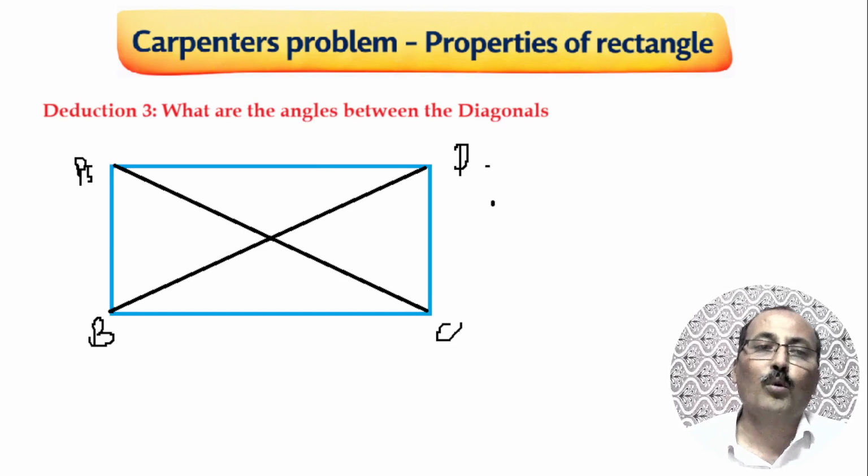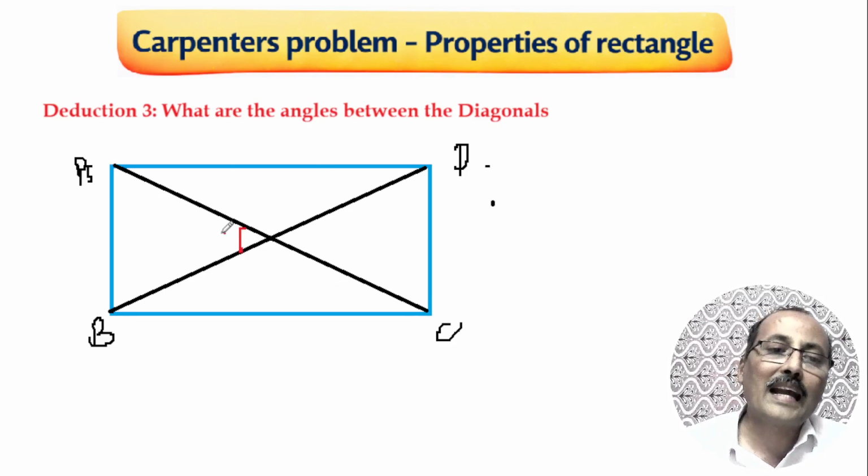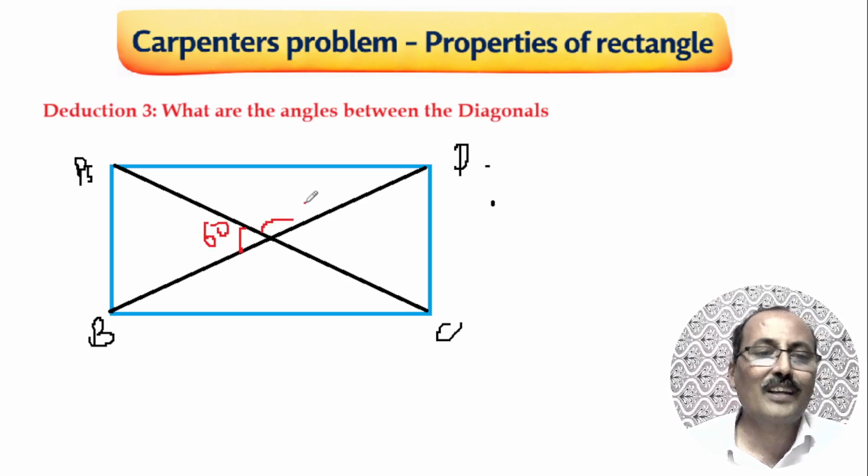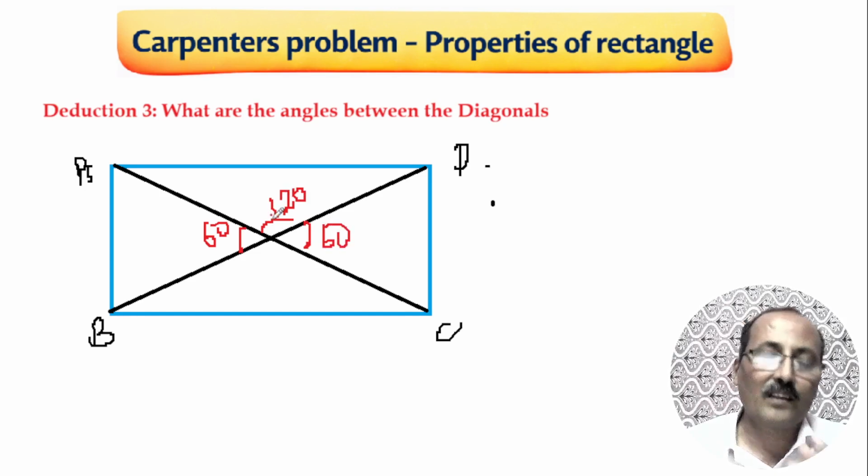What are the angles between the diagonals? Suppose we assume that this is 60 degree. One angle is 60 degree. Then what happens to this angle? It will become 120 degree. And this vertically opposite angle will become 60 degree. For this, the vertically opposite angle or linear pair, you can say 120.